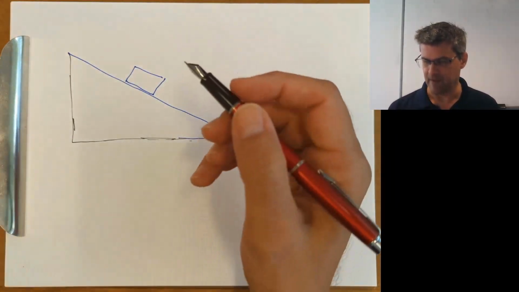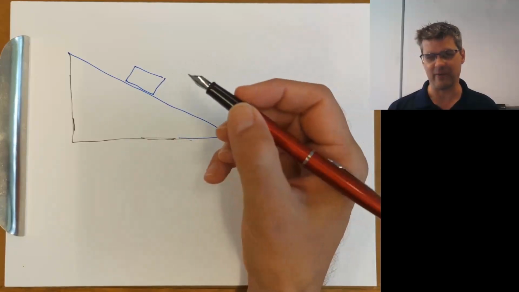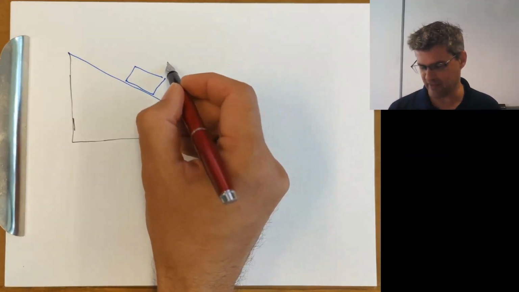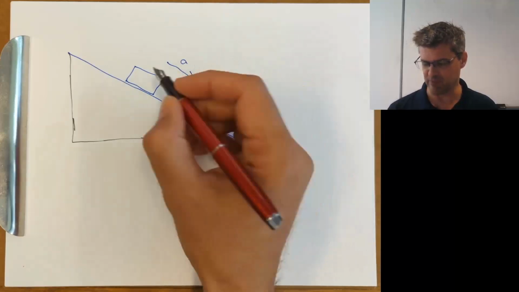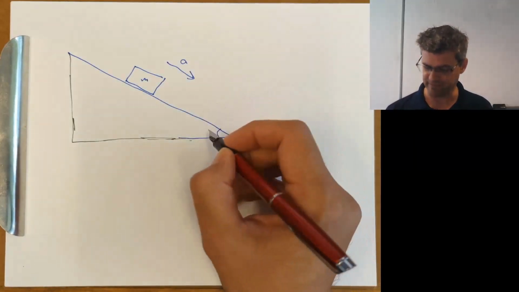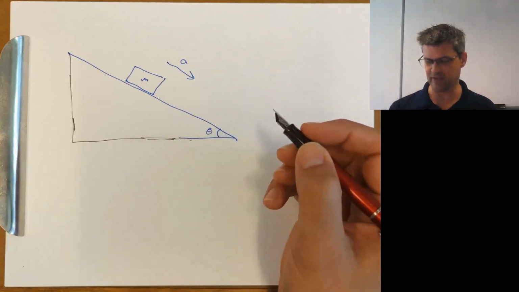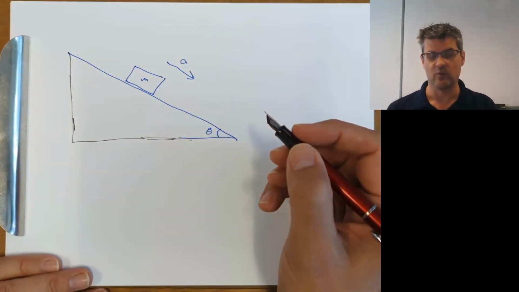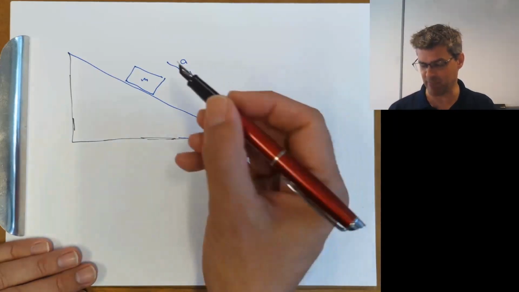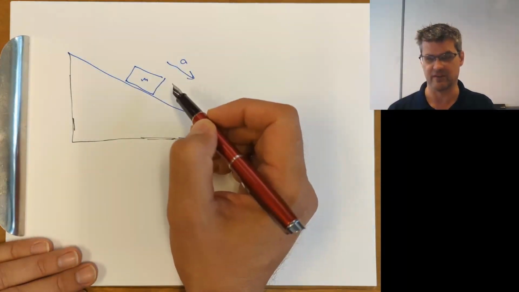Okay? Now, let's say I wanted to figure out what kind of acceleration we get for this block of mass m going down the inclined plane. If this is some angle theta, well, if I wanted to, I could come up with components of forces.